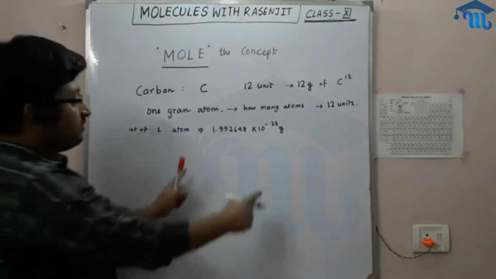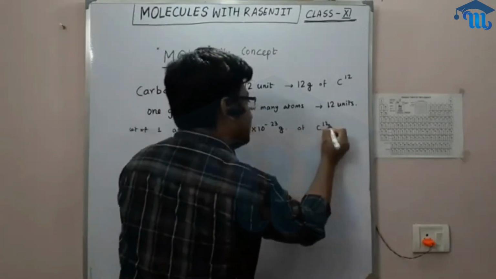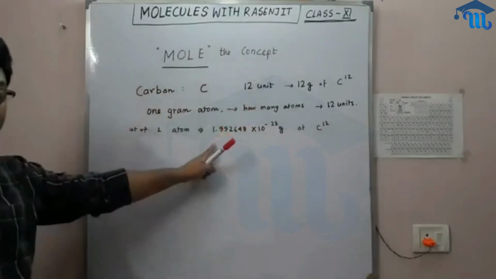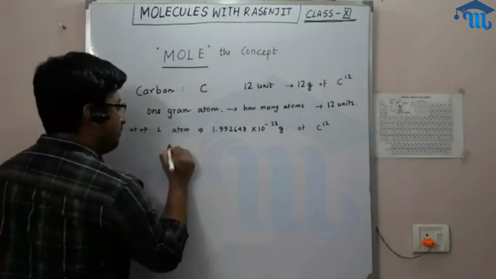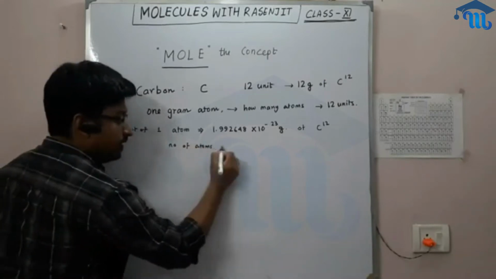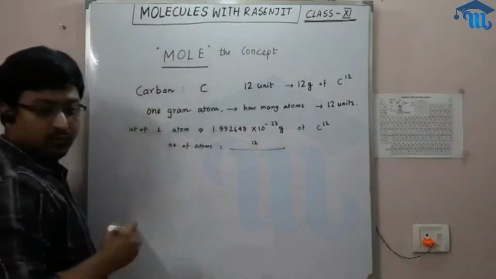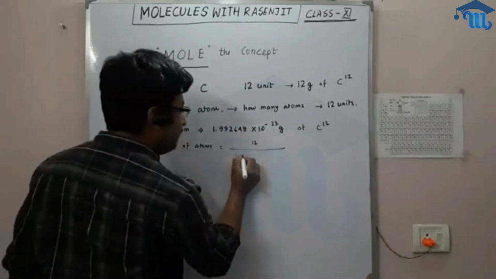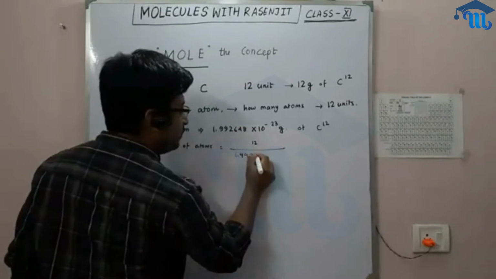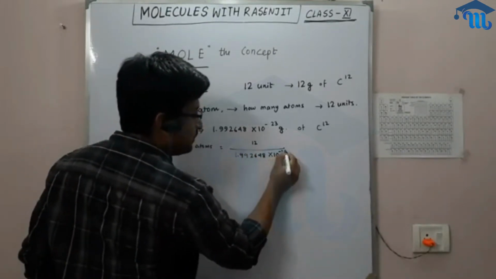So if this is the weight of one atom of C12, then what will be the number of atoms? Number of atoms will be 12 divided by 1.992648 into 10 to the power minus 23.